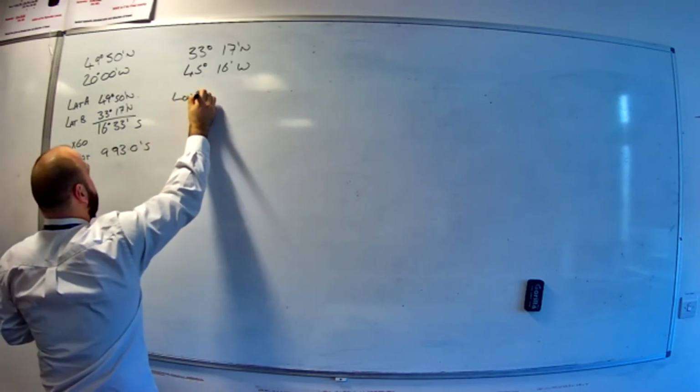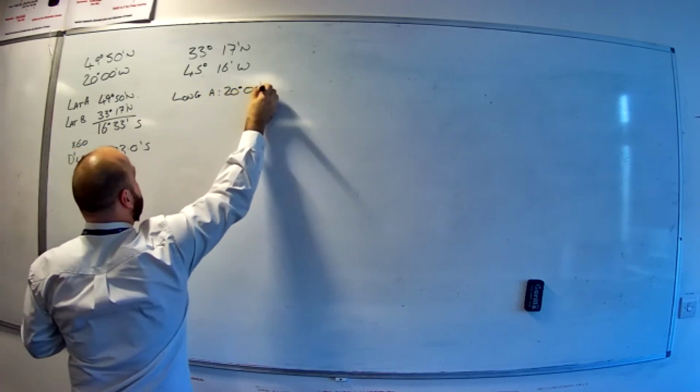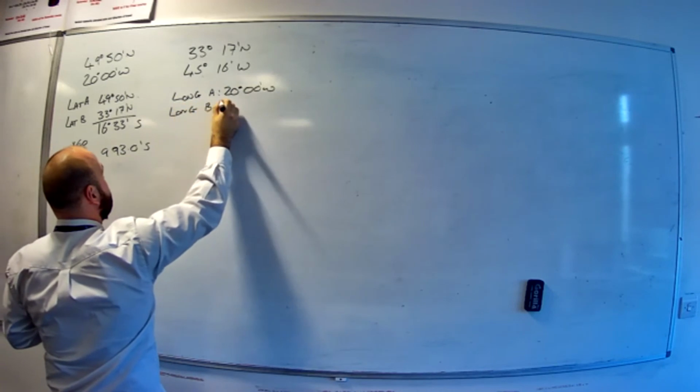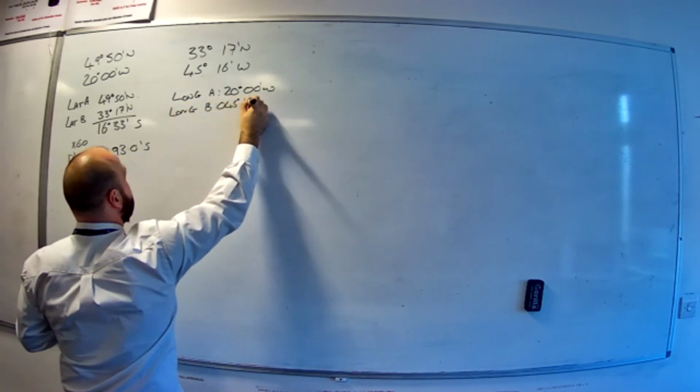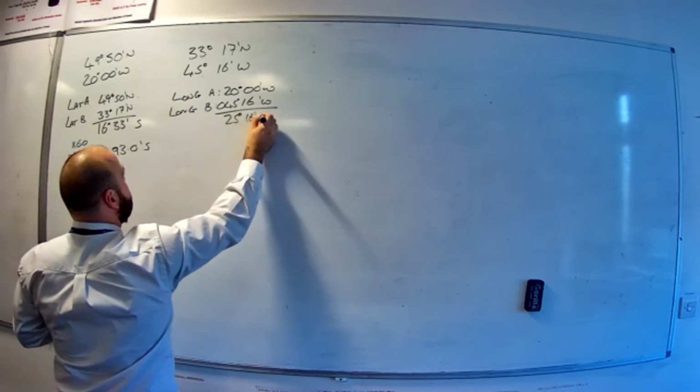Longitude A was 20 degrees, 00 minutes west. Longitude B was 45 degrees, 16 minutes west. That's going to be 25 degrees, 16 minutes west.